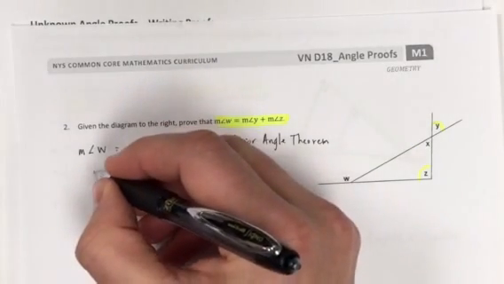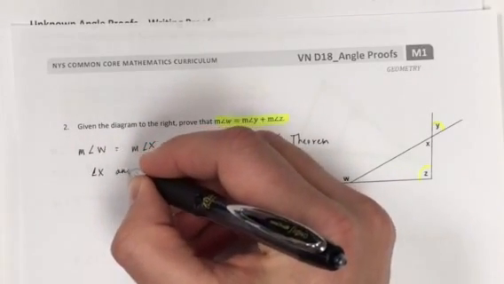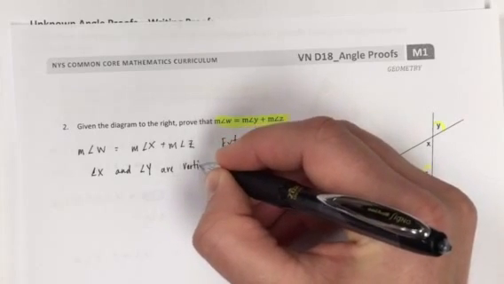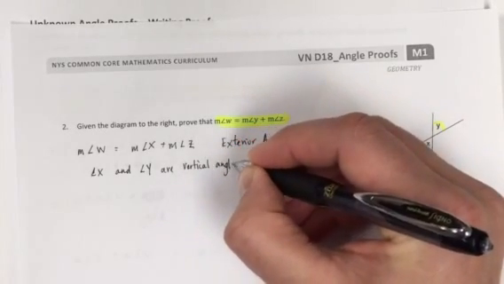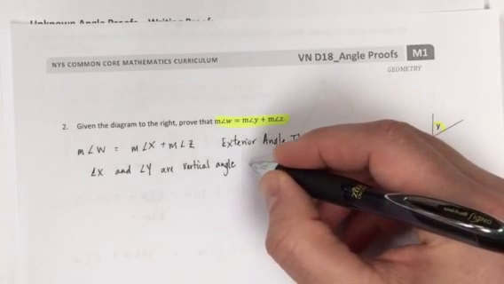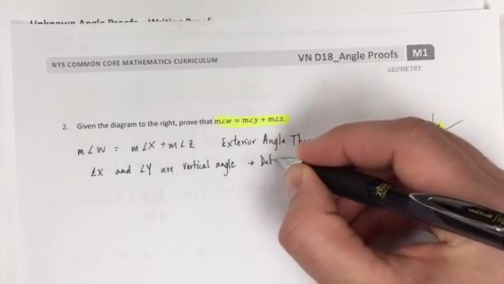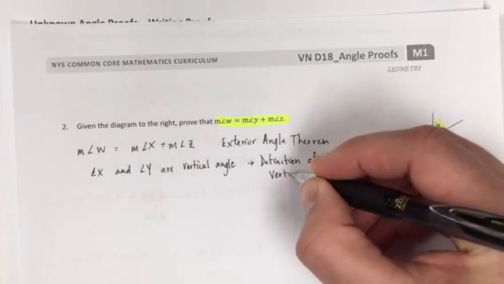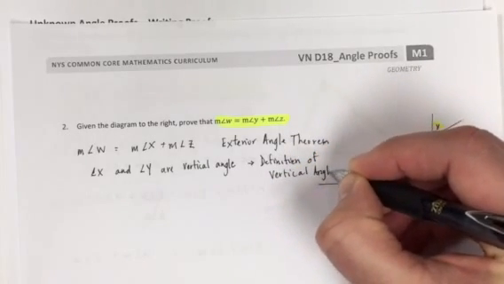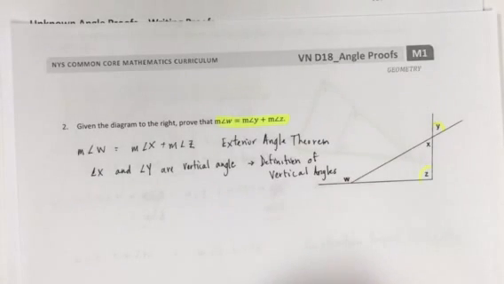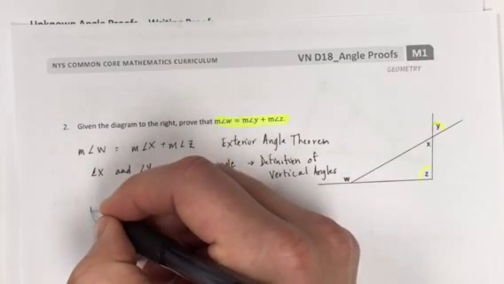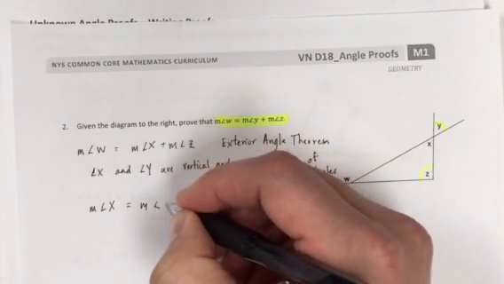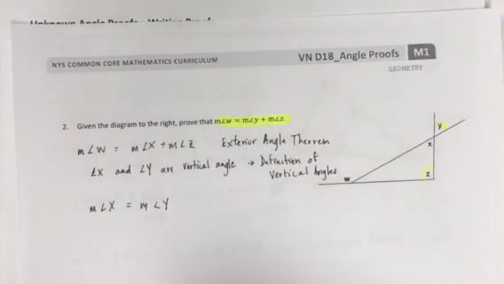I also noticed that angle X and angle Y are vertical angles, and I know that based on the definition of vertical angles. I also know that the measure of vertical angles are equal. So the measure of angle X has to equal the measure of angle Y.